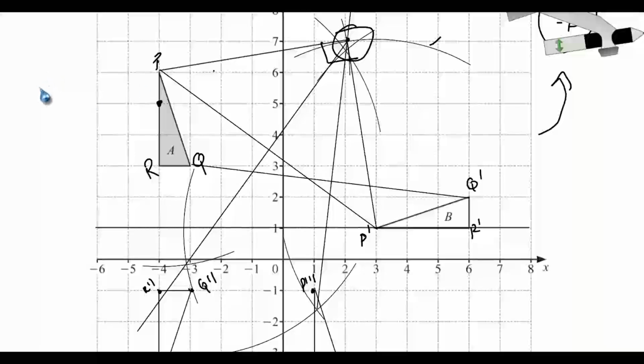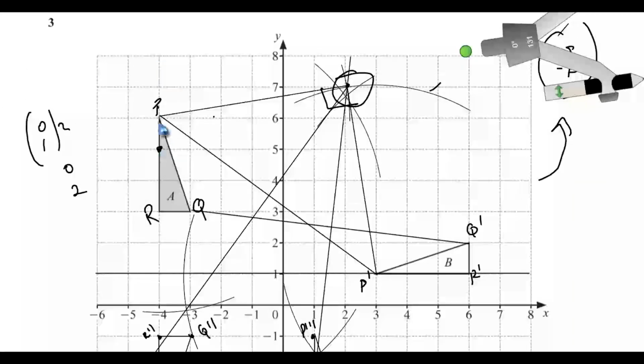So we're just going to have 0 against 1. If you multiply by 2, you're going to have 0 against 2. That means x equals 0, then y equals 2. It will be up there. So 0, 1, 2, it will be here. Okay. So this will be P prime.